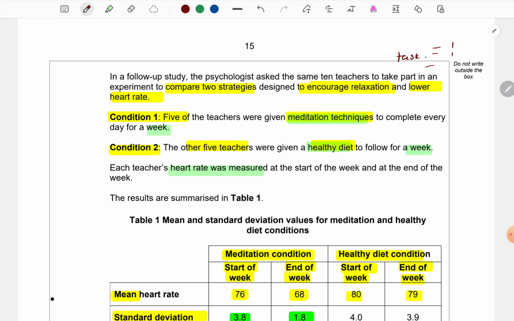One more point would be about the general points, which is anything on confidentiality, privacy being maintained, such things. So here, confidentiality, we can tell them, would be maintained. Their mean heart rate or standard deviation, any data related to their heart rate, would not be published with their names when the results are published. You can also talk about how they will have to sign a written consent form, or you can also talk about how you let them know that they can withdraw.